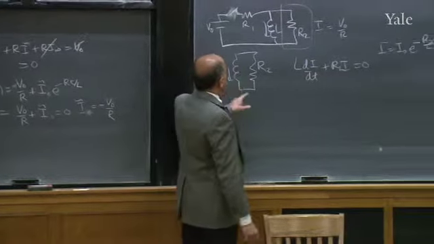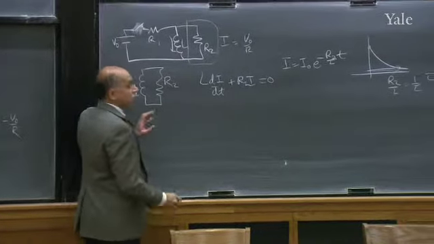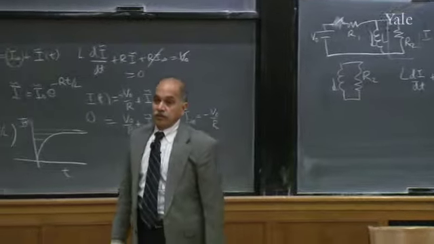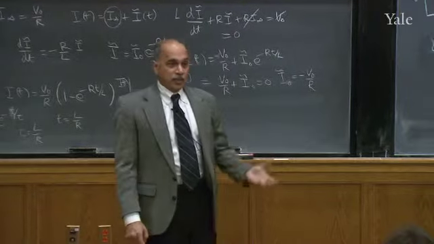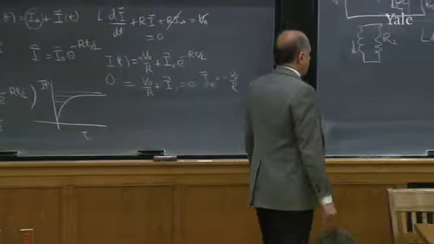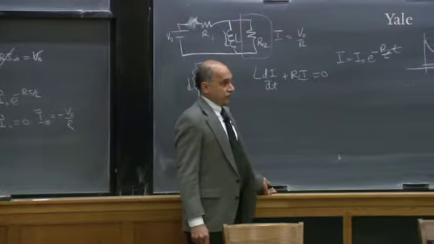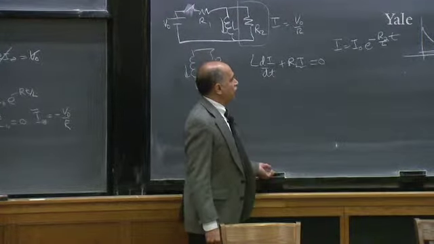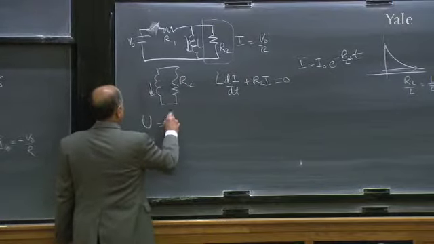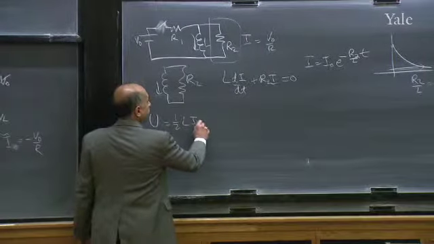So every big inductor you have in a circuit, you will find has got a resistor in parallel with it to take up the energy it has. So let's do a little energy calculation. I had energy in the inductor in the beginning, which is 1/2 L I0 squared.